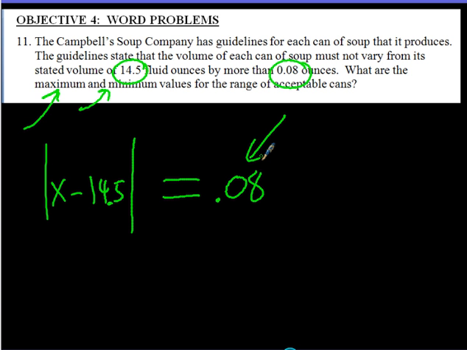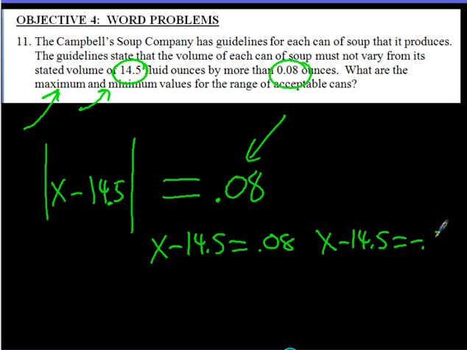And now I just solve. Pretty simple absolute value equation. So I've got x minus 14.5 equals 0.08, and I've got x minus 14.5 equals negative 0.08. Set up your two cases. Add 14.5.